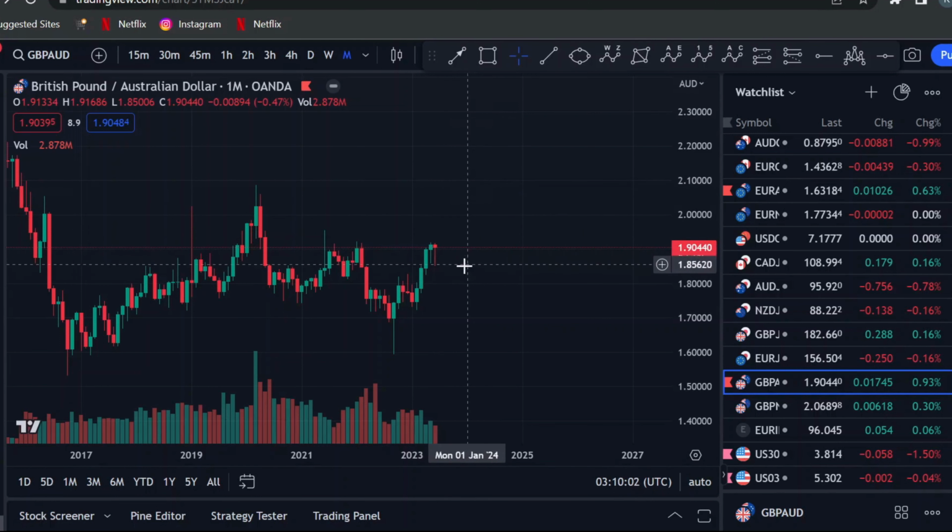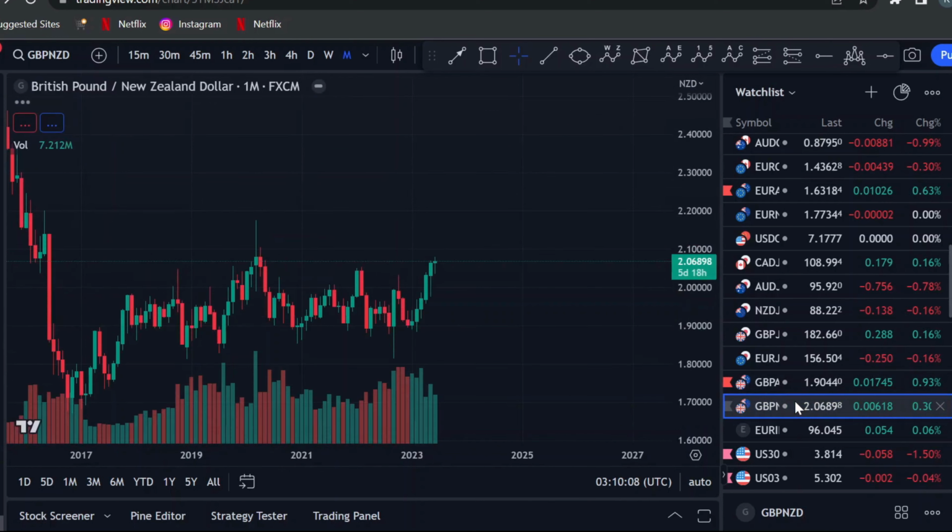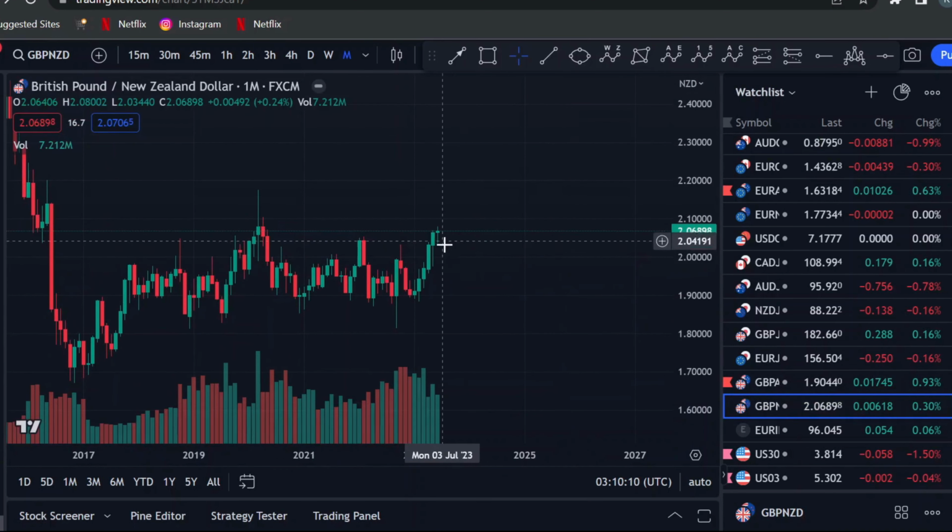And see, price is already above the opening, although when the candle opened, price was pushed low.